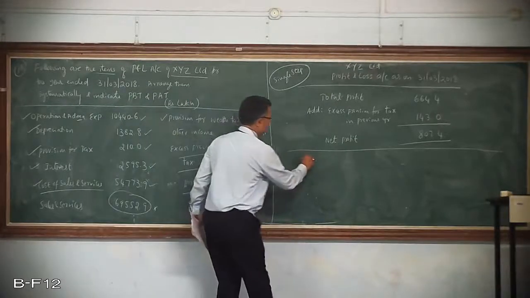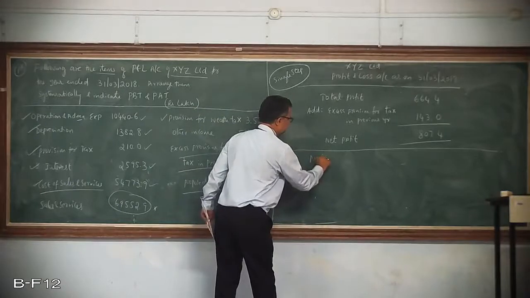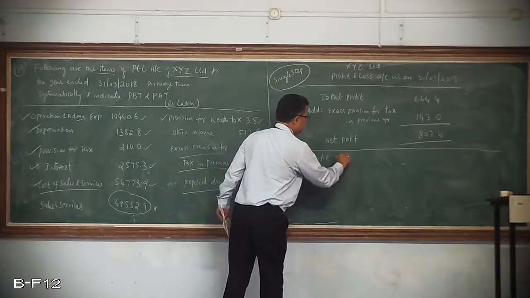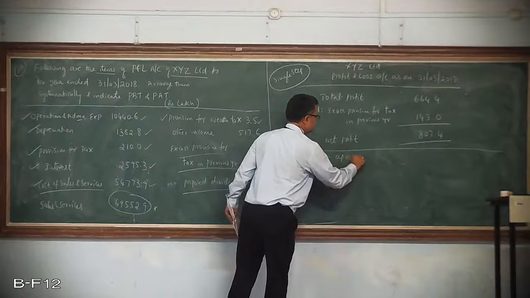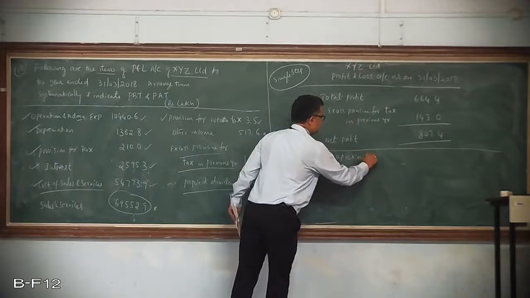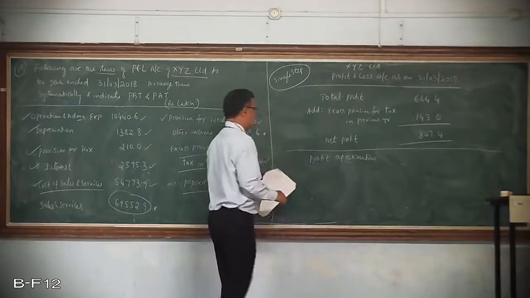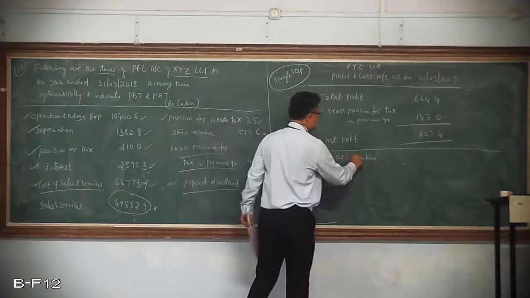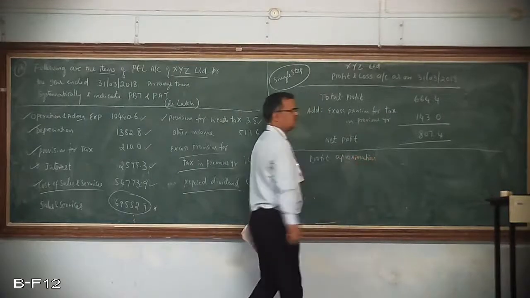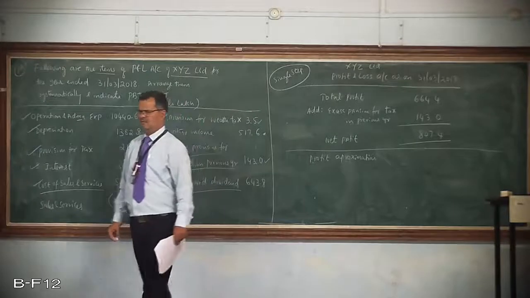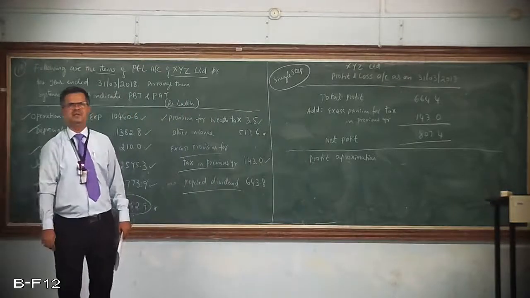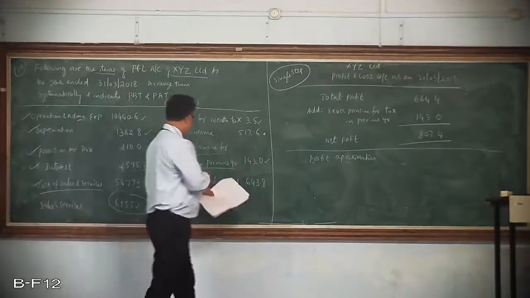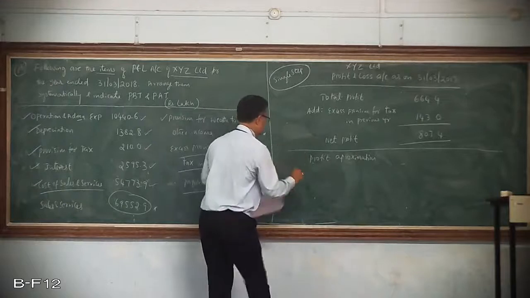Now we have to approximate the profit. That is called profit approximation. So in the profit approximation, we have to find the reserves and the surplus for next financial year. So here check out that it is the proposed dividend.